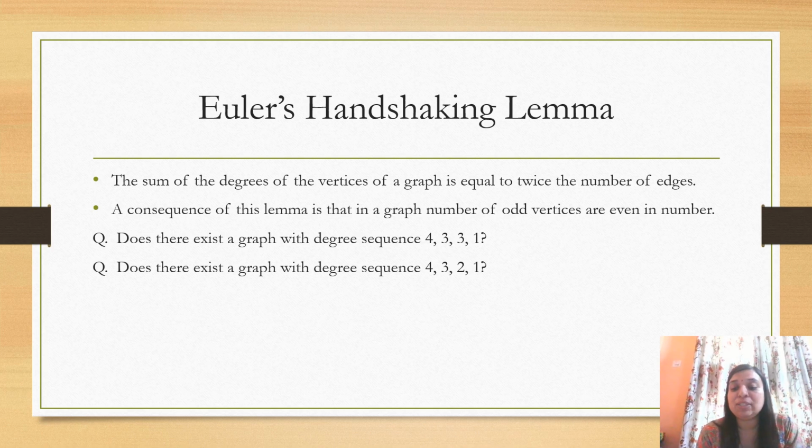Now that is obviously because when you are finding the degree of a vertex, you are counting the number of edges that are incident on that vertex, right? But every edge is incident on two vertices. Suppose edge v1v2 is incident on the vertex v1, it is also incident on the vertex v2. So it will be counted in the degree of v1 and also in the degree of v2.